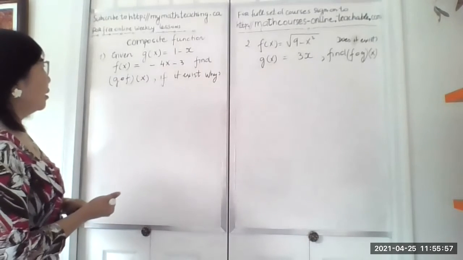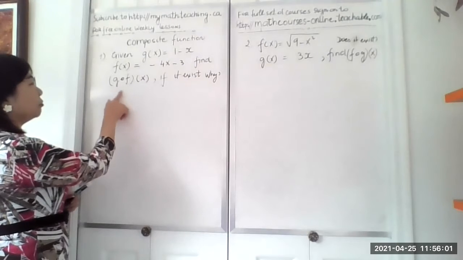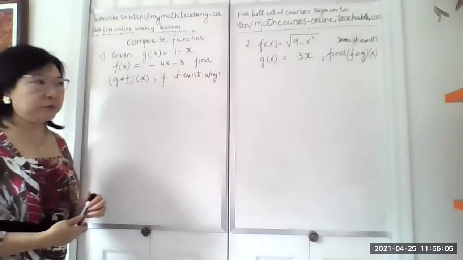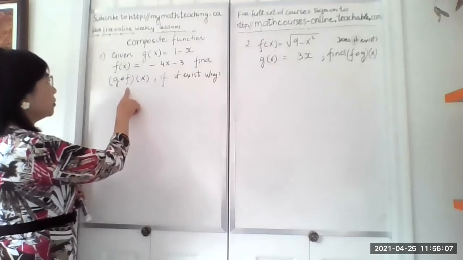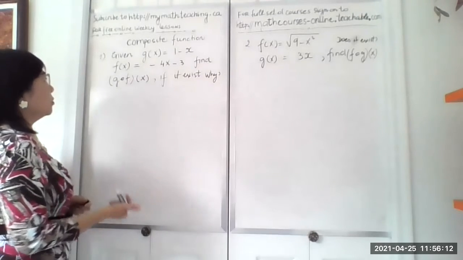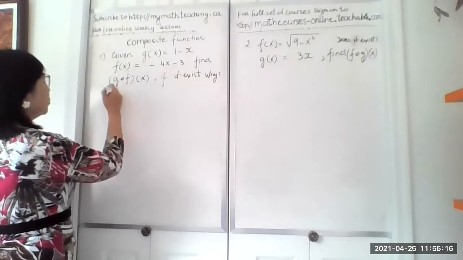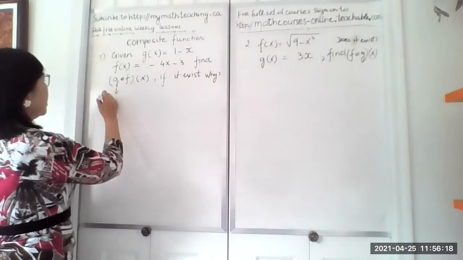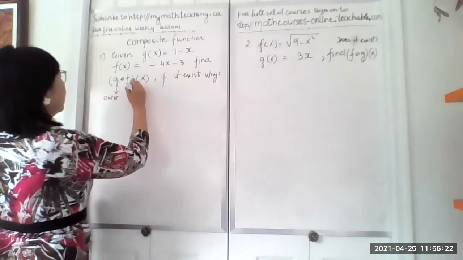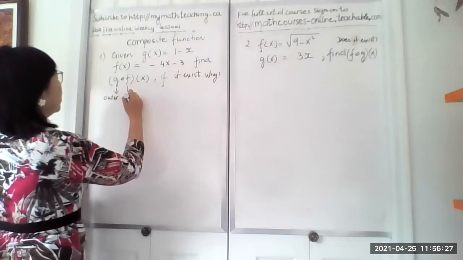Let's first identify which one is the outer function, or output function, and which one is the inner function, or input function. So g of x here is the outer function, and f of x here is the inner function.